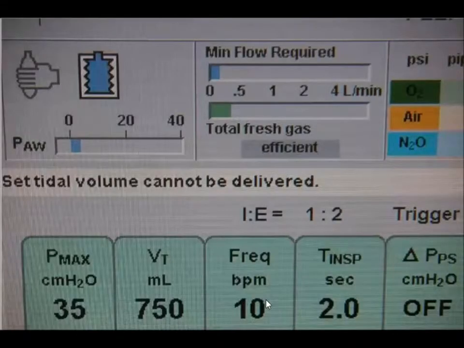First, there are a lot of different Draeger ventilators that use the dual targeting scheme. This is a screenshot from the Apollo anesthesia delivery system. What you see here in the bottom left-hand portion of the screen, which I'm going to highlight, is a PMax setting.